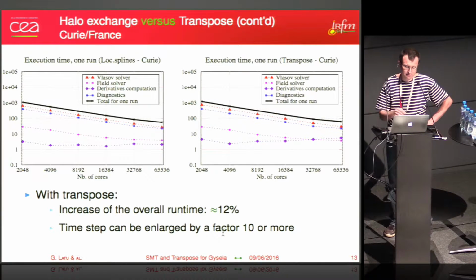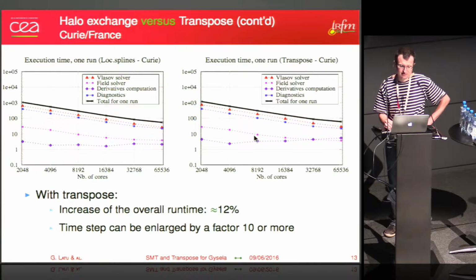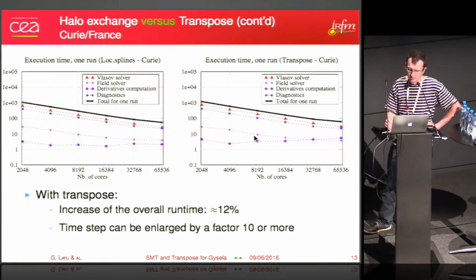So taking care of the overhead of the transpose approach, but also of the gain we have on the time step, we practically switch to the transpose approach for production runs.